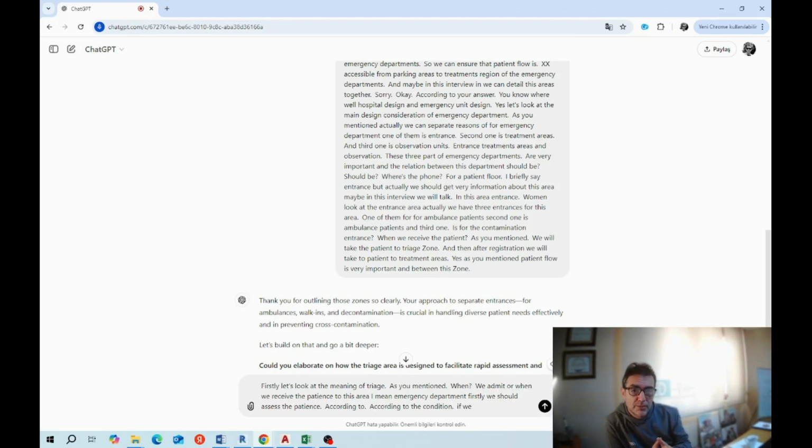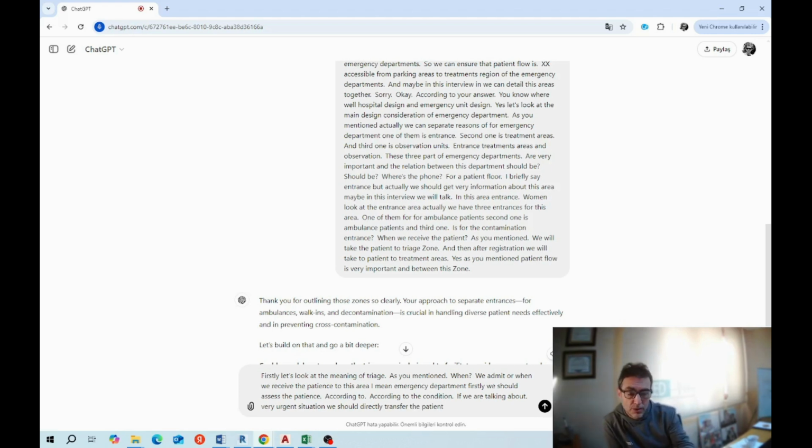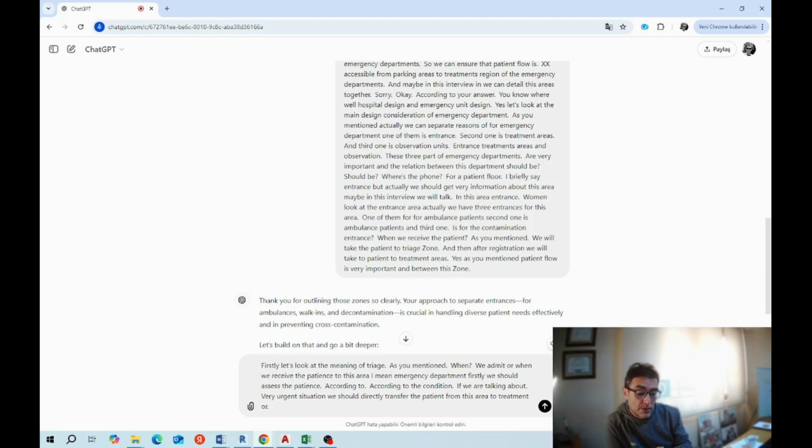If we are talking about a very urgent situation, we should directly transfer the patient from this area to treatment or procedure rooms. So, how do we do this activity in this emergency department?